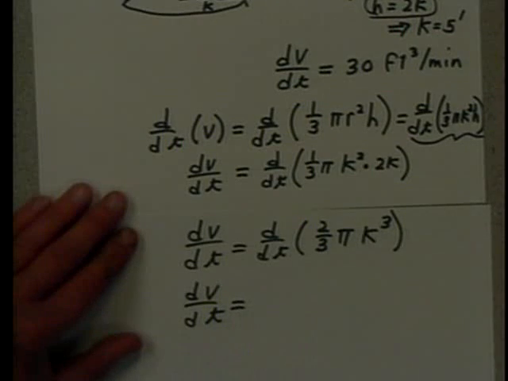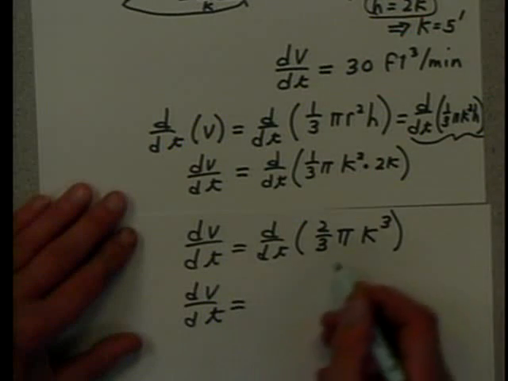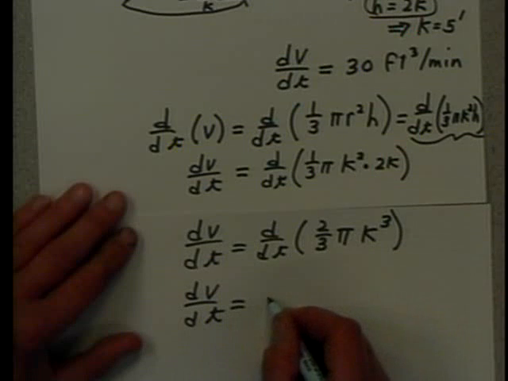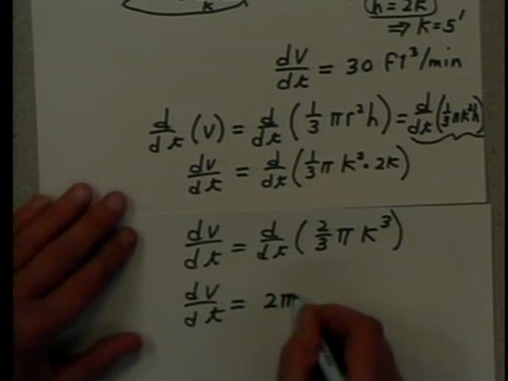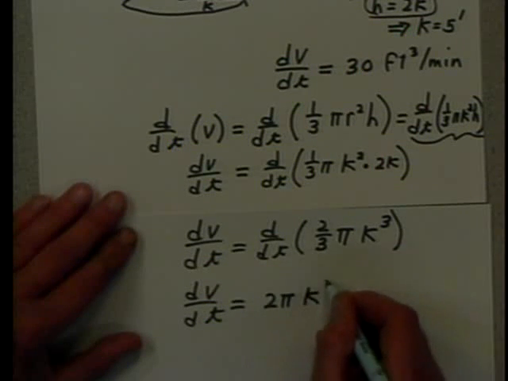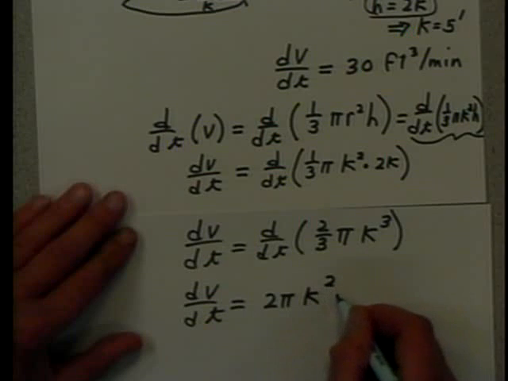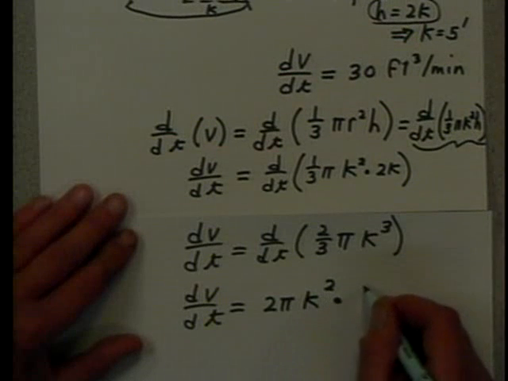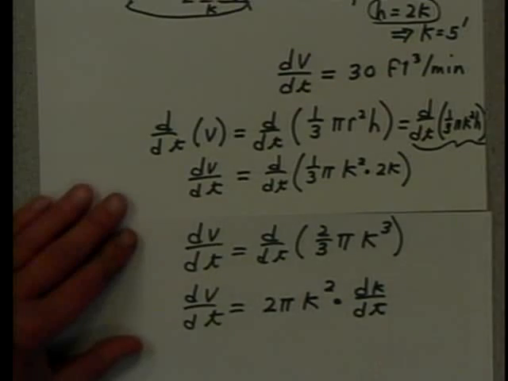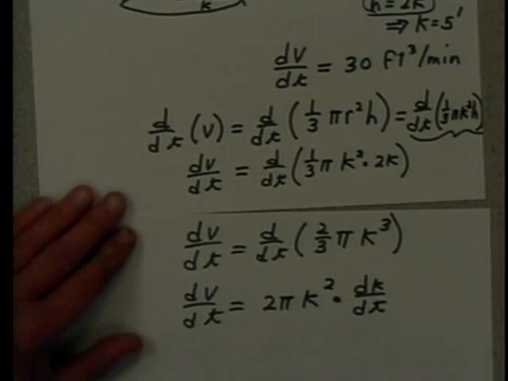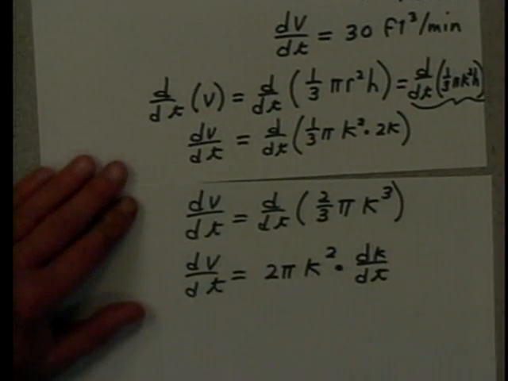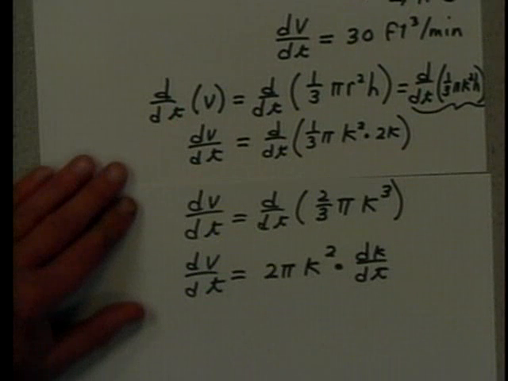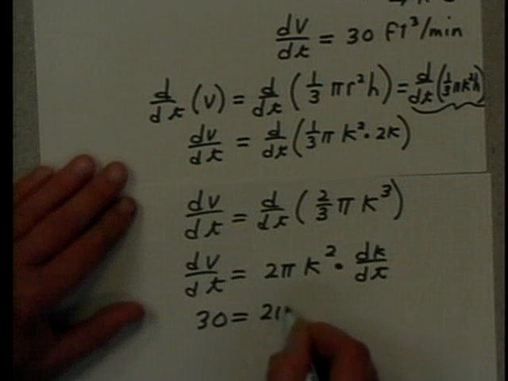What's the derivative of two thirds pi k cubed? K as a variable, power rule: 3 times two thirds is 2 pi k squared times dk/dt, right? Okay, what do I put in for dV/dt finally? 30. That equals 2 pi.